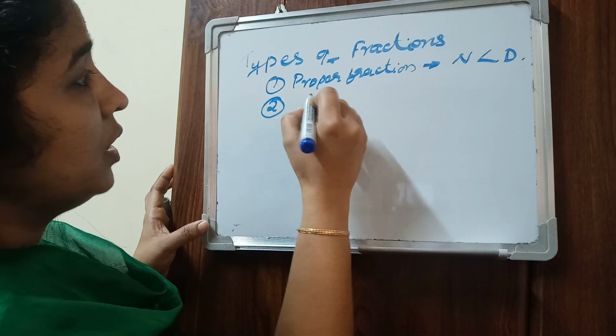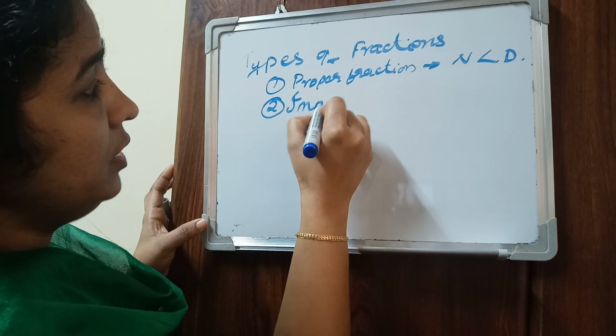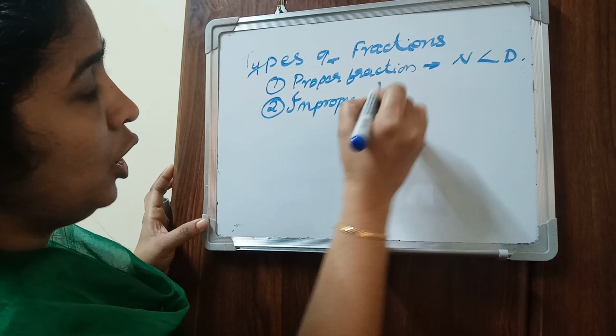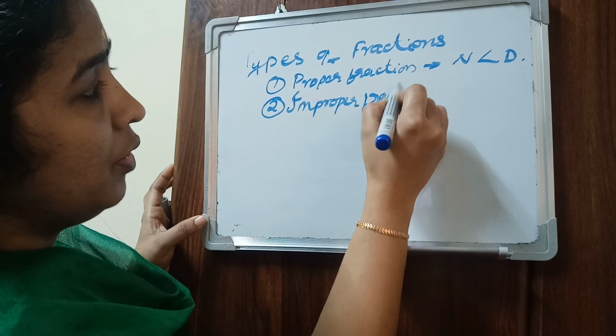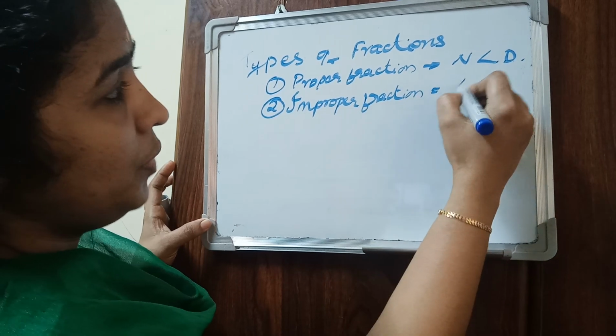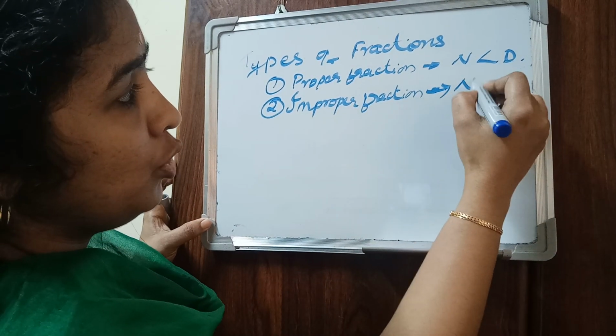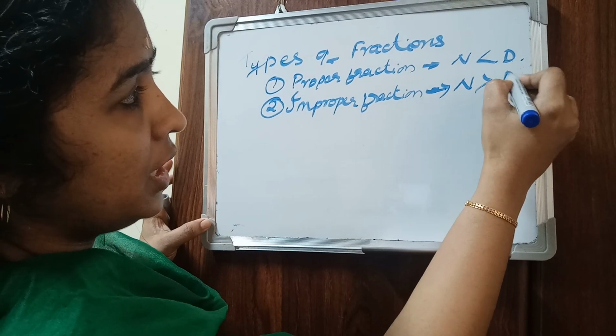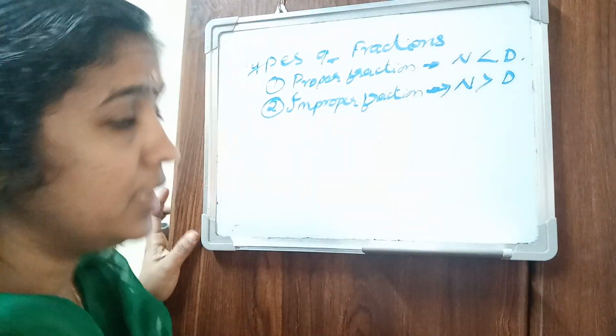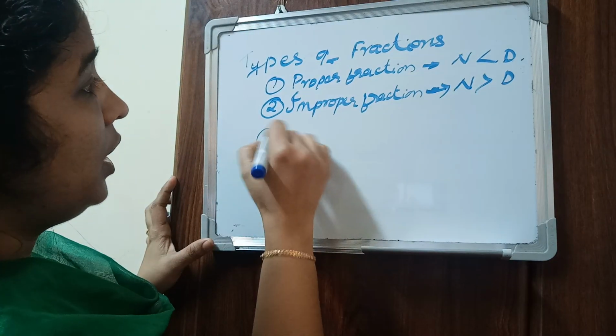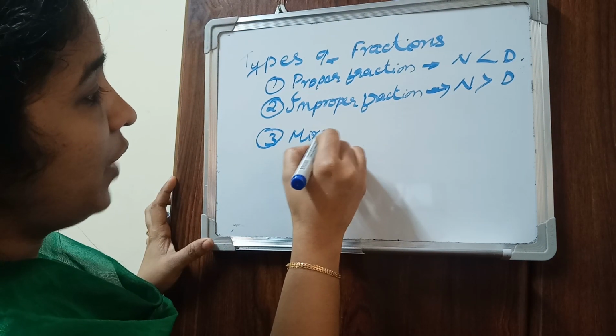Second one is improper fraction: the numerator is greater than the denominator.